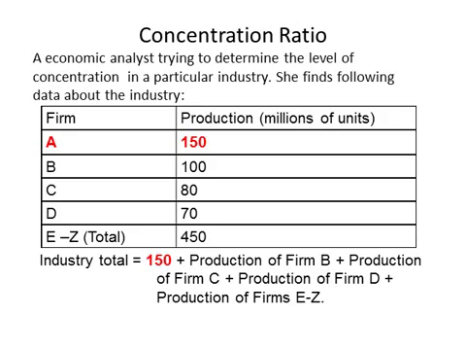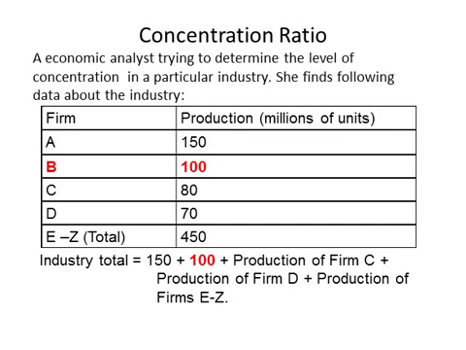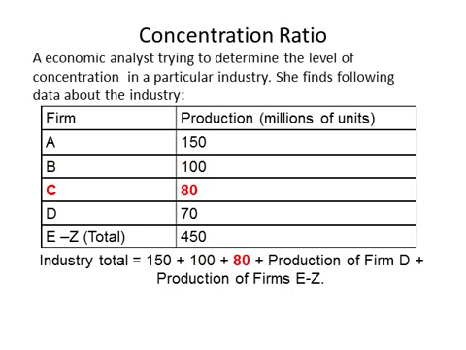In this case, firm A produces 150 million units, so we will put that into our formula for firm A's production. Firm B produces 100 million, and we will substitute the 100 into the formula for B's production.